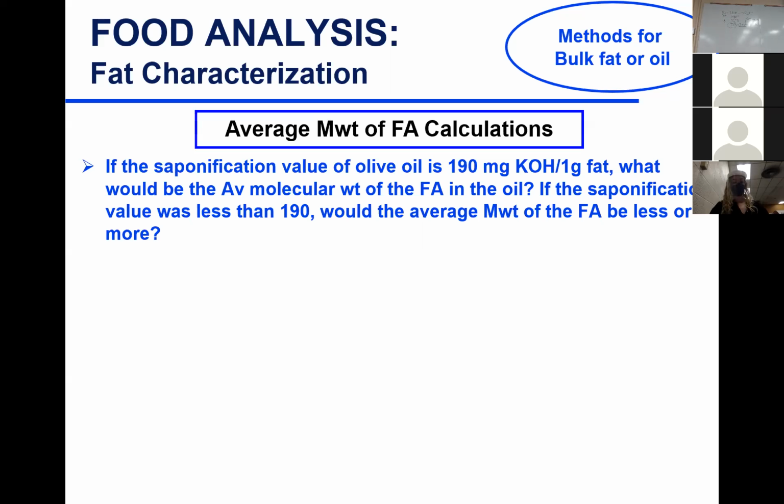Why is it H2O? Okay, so this equation here, triglyceride plus 3 H2O, is not related to the titration or to the chemical reaction of the potassium hydroxide. This is just when you have a molecular weight of a triglyceride, you want to know how that molecular weight came to be. Because in order to form triglycerides, you have 3 fatty acids that react with 1 glycerol. When they react, it's a condensation reaction, so you lose 3 molecules of water.